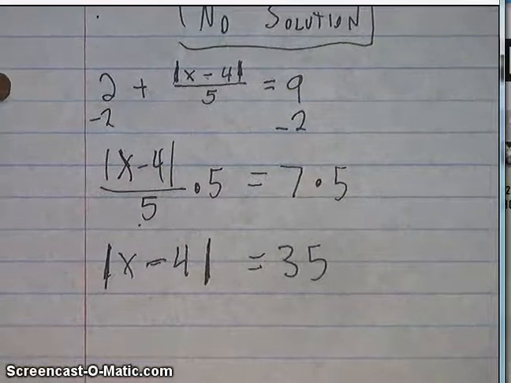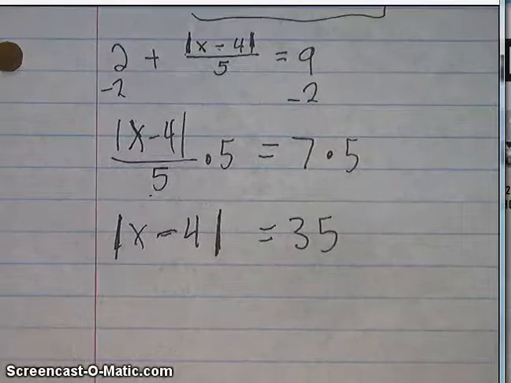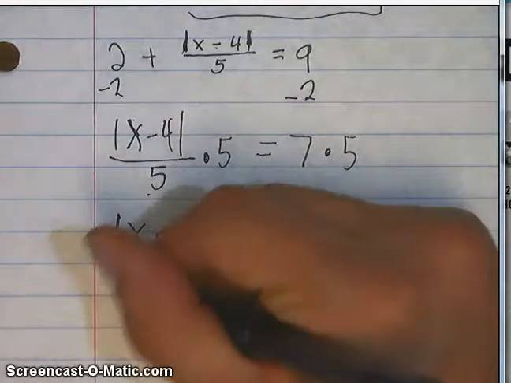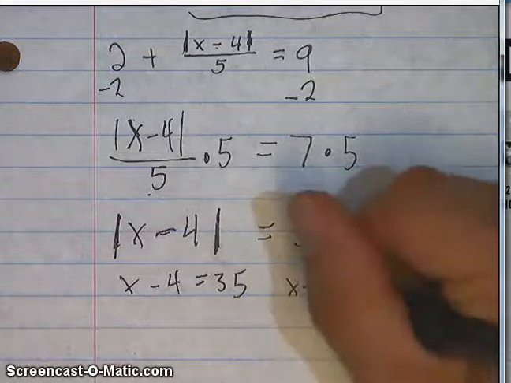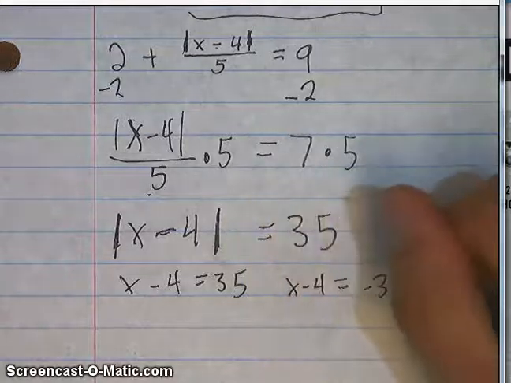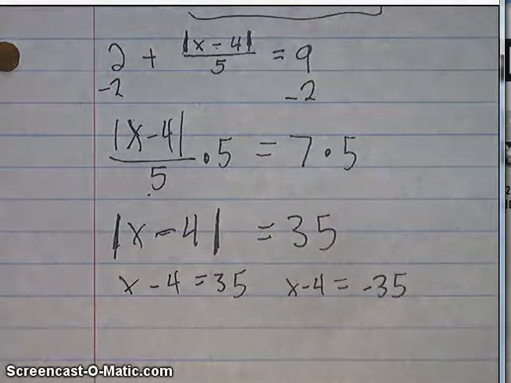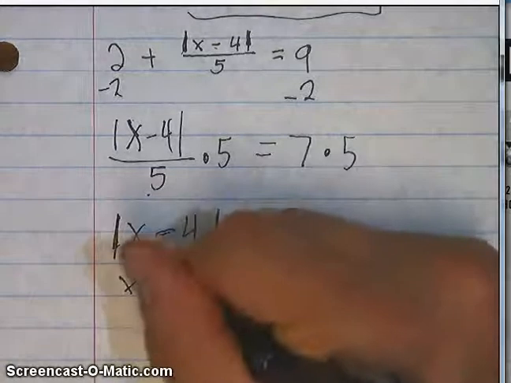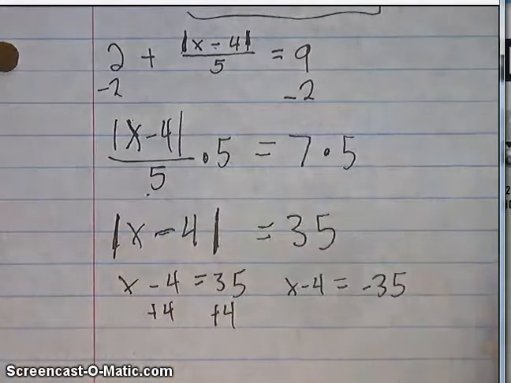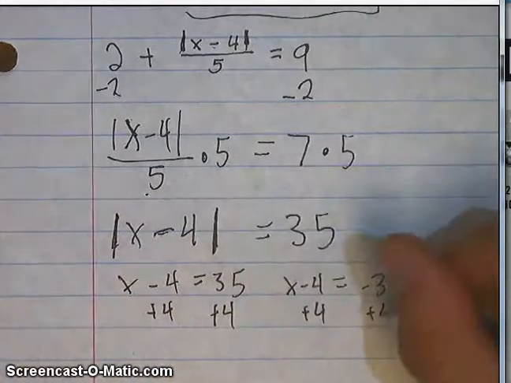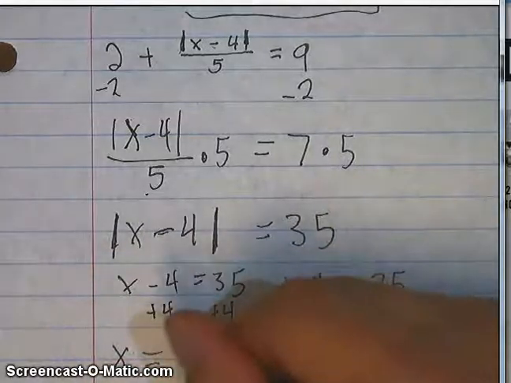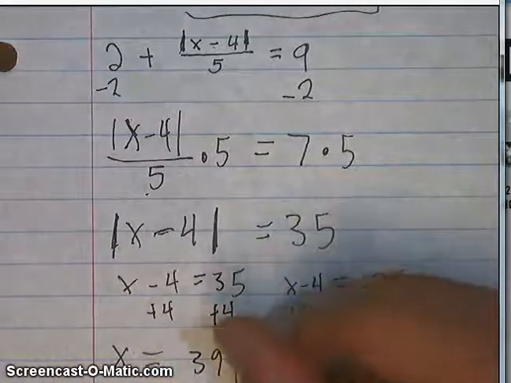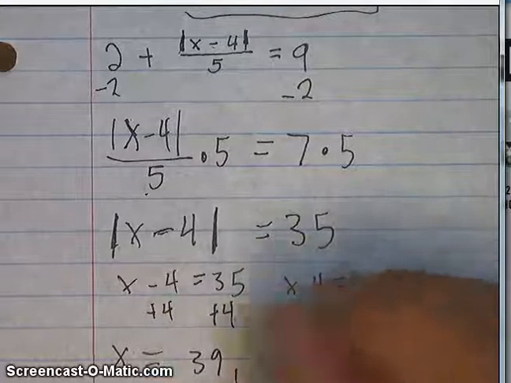Bars are by themselves, so I can break this into 2 equations. x minus 4 equals 35, and x minus 4 equals negative 35. Solve them both for x. Plus 4, plus 4, plus 4, plus 4. x equals 39 and negative 31.